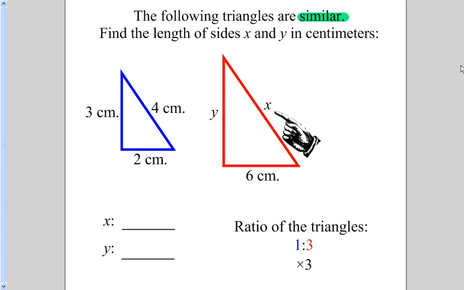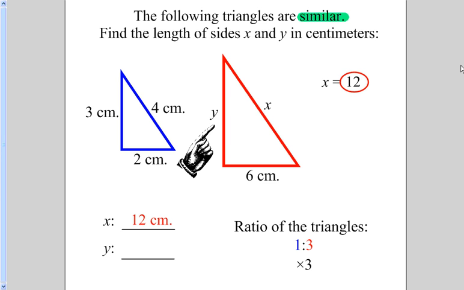For example, x. We want to find x. So x is the measurement of the long side of the red triangle. So we go to the long side of the small triangle, which is 4 centimeters. 4 centimeters times 3, which is the ratio of 1 to 3, equals 12. So x equals 12. And that's the answer for x. For y, y is the height of the large triangle.